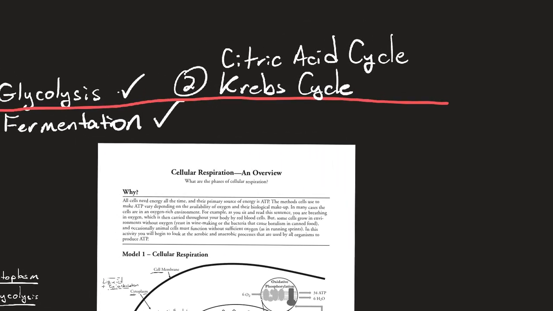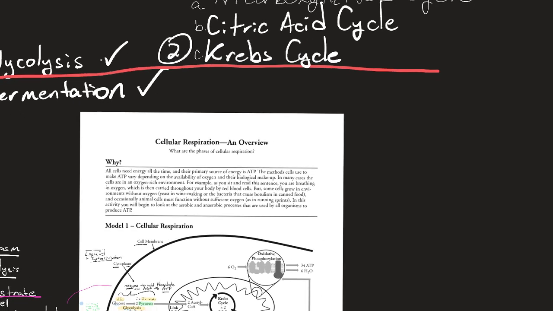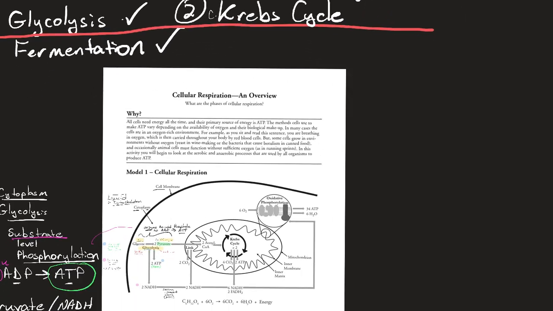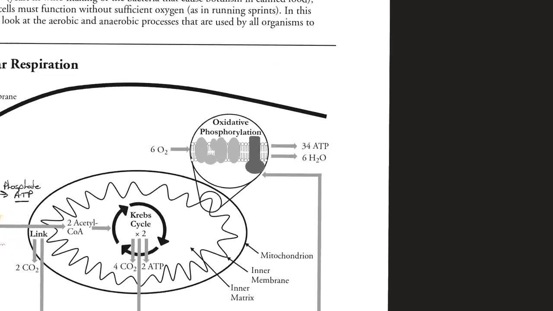Krebs cycle, citric acid cycle, tricarboxylic acid cycle. Why do they have 3 names for the same thing? I don't know. Which one are they going to use on a test? I don't know. But the three of them are there. They're all pretty much the same.